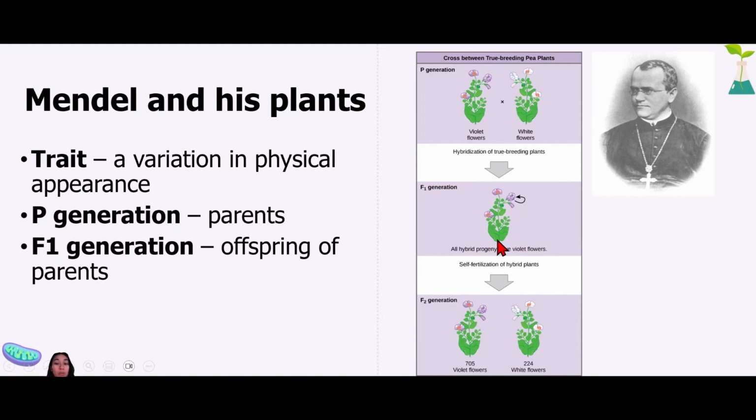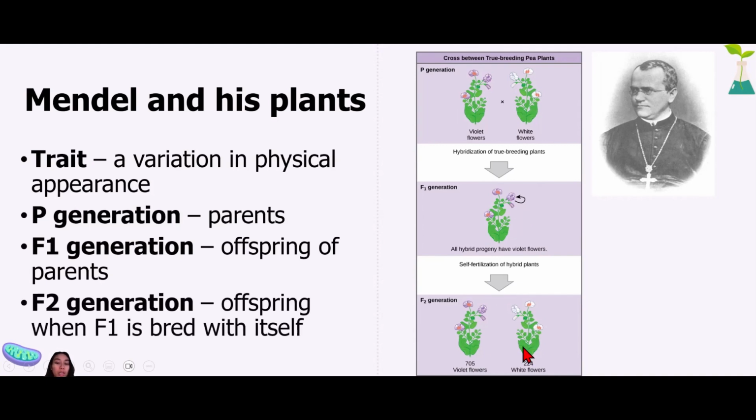And he would sometimes, after getting that result, self-pollinate. You can self-pollinate flowers, meaning you can breed it with itself. And then you would get a second generation, which we call the F2 generation. Of course, you could keep doing this, F3, F4, but for the purpose of this video, let's just go through these first three generations: your parents, your first generation, and your second generation.